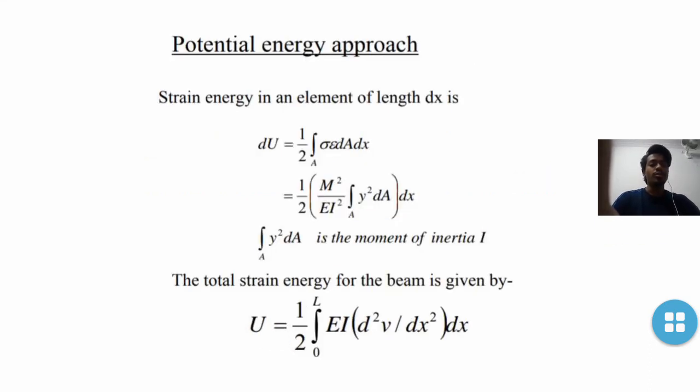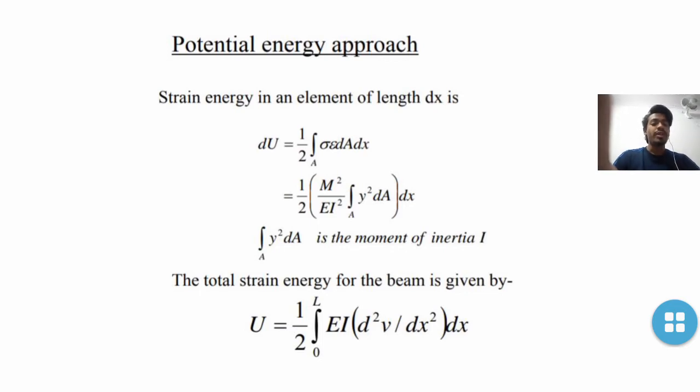Potential energy approach. Strain energy in an element of length dx is half integration of sigma epsilon naught dA into dx, and that equals M square by EI square integration of y square dA into dx.